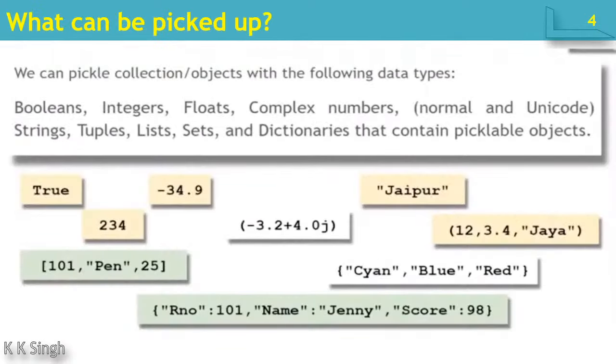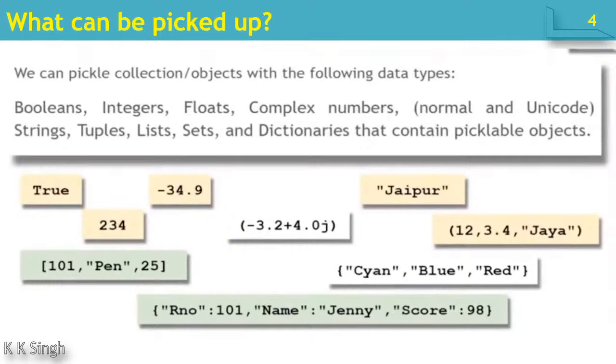Okay. So what can be pickled into binary files? Pickle is made from pick. We can pickle collection objects with the following data types: Boolean, integers, floats, complex numbers, normal and Unicode strings, tuples, lists, sets, and dictionaries that contain picklable objects.